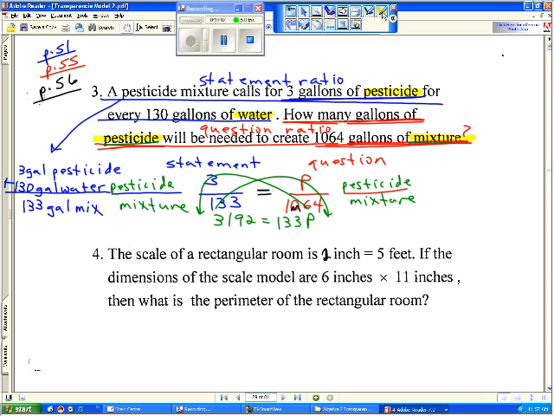Now we're going to undo multiplication by division. We divide by 133 and we get p equal. Somebody got a calculator and hit that for us? 24. Thank you. Yes. Yeah. Any questions on number 3?